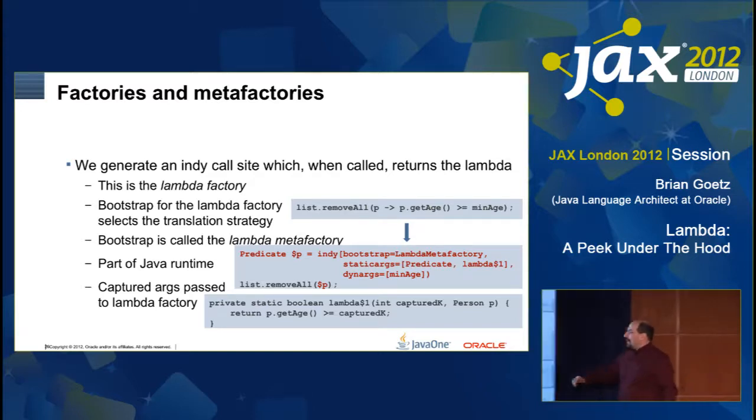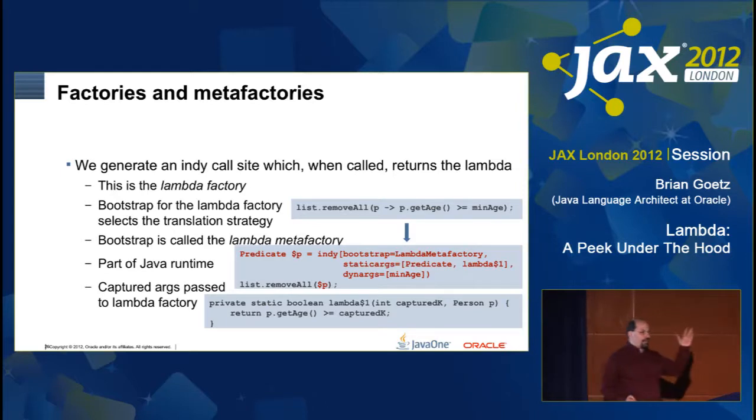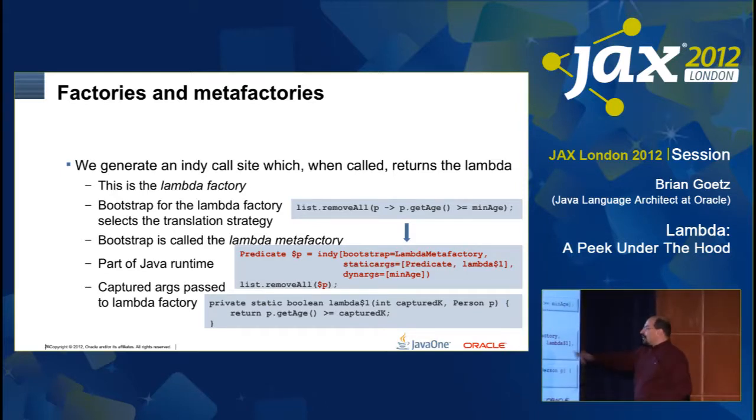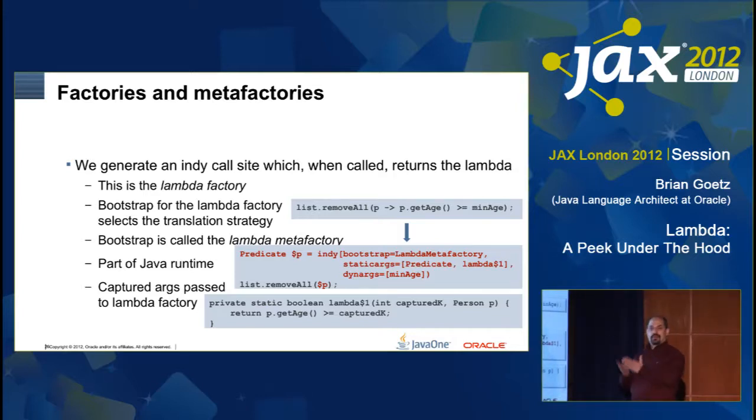There are some optimizations that we can do here. For example, if the set of dynamic arguments is empty, which is very common, like a predicate where string is not empty or something like that, there are no dynamic arguments. We can do some extra optimization where we say, you know what, we only ever have to make one instance of this object, and then we always return the same instance.